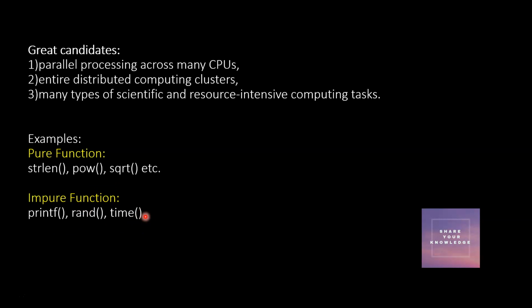Random gives different values at different times. You can't say what the output will be, because its work is to give a random value. Even the current time keeps changing, so it gives a different output.